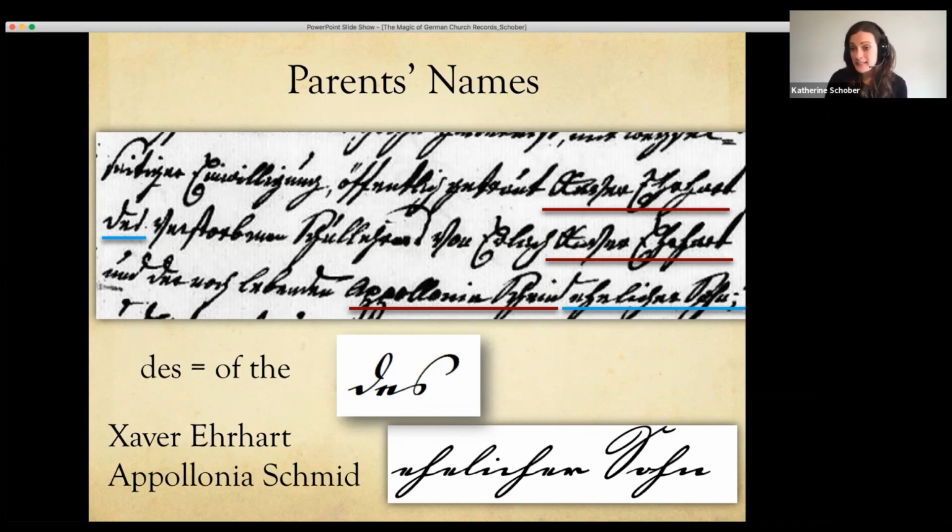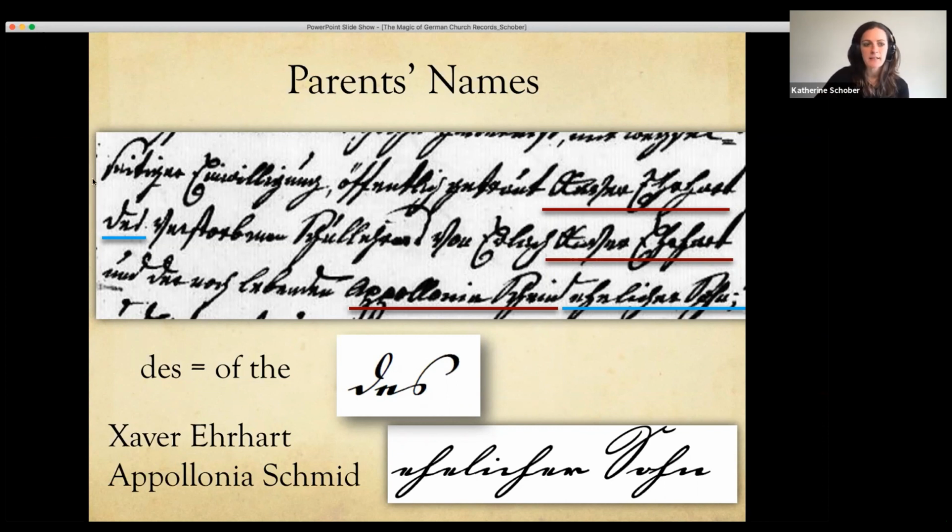When I would translate it, I would say Xaver Erhardt, legitimate son of Xaver Erhardt and Apollonia Schmidt. Now, in this old kind of German writing, this phrase, legitimate son, can either go at the very end of the sentence, like it is here, or you might also get it before the des.